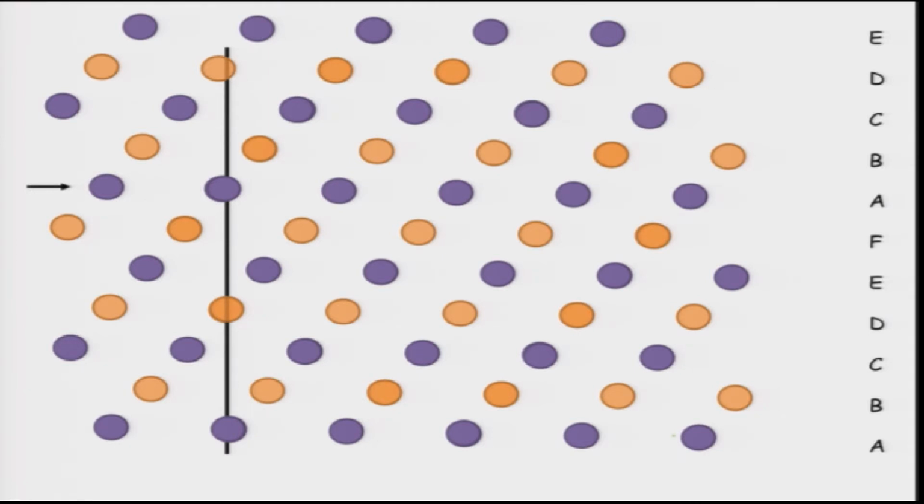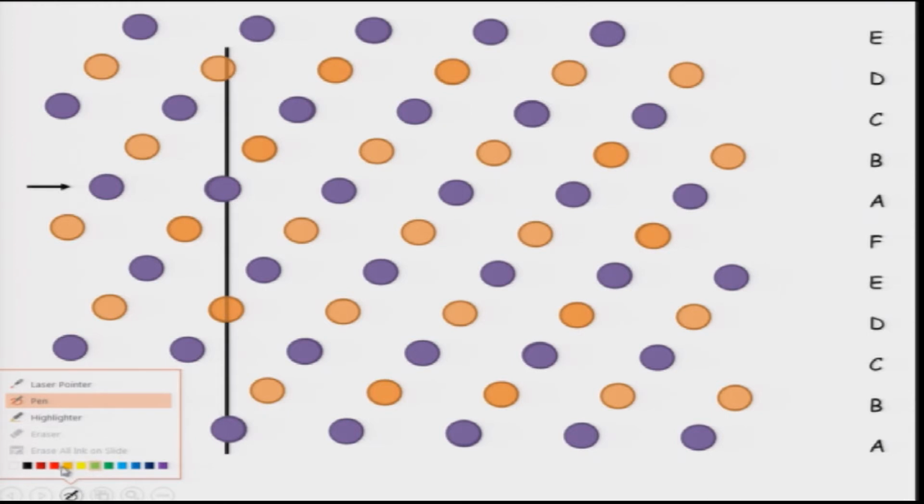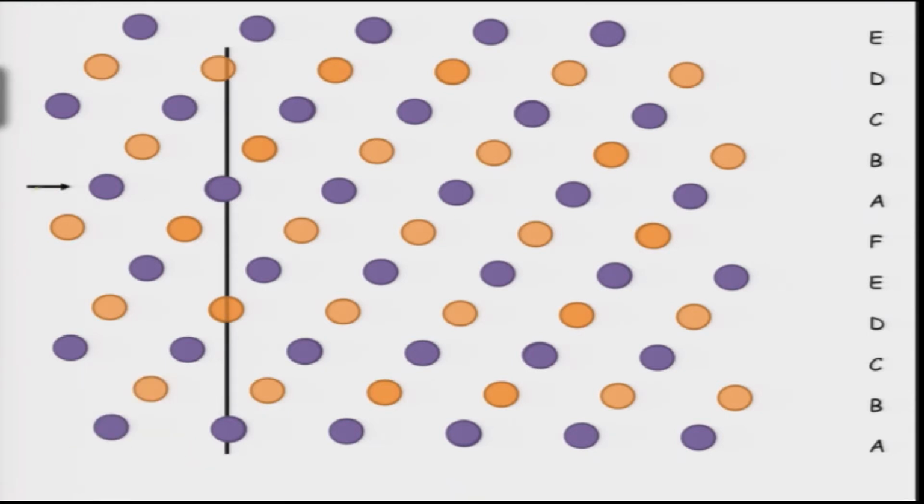This is one layer, this is another layer, and so on. These are the different layers that have been drawn. Now, if I want a stacking fault, then what I have to do is displace one layer. Let us say I displace this A layer, as marked over here. How much will we displace it by?